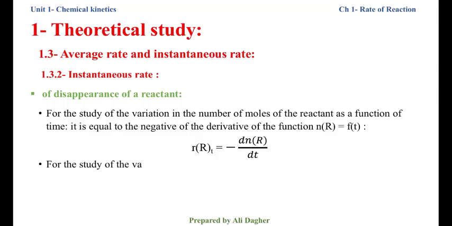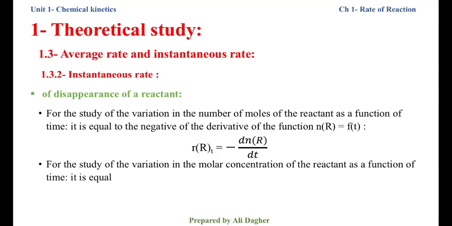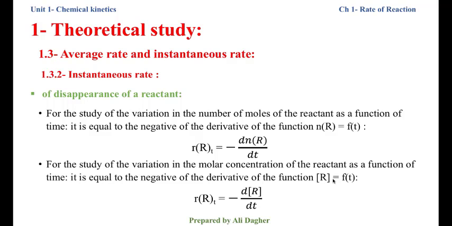For the study of the variation in the molar concentration of the reactant as function of time, it is equal to the negative of the derivative of the function concentration reactant equal f(t). Rate of reactant at instant t equals minus d concentration reactant over dt. The instantaneous rate, we will see how we can determine the rate at an instant t graphically from the graph in part 3 of this chapter.